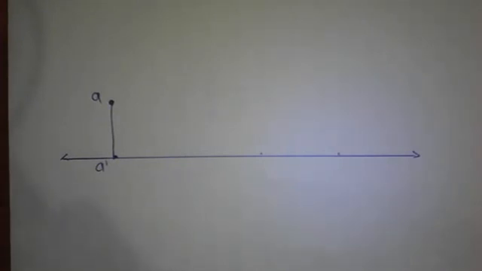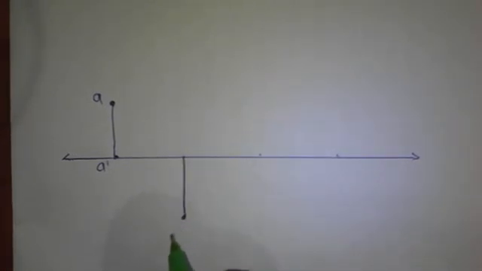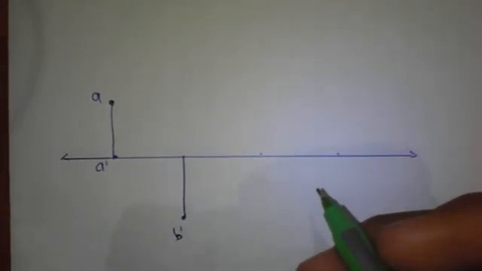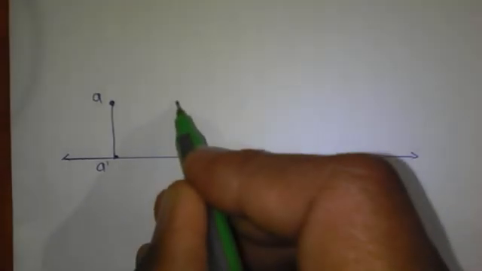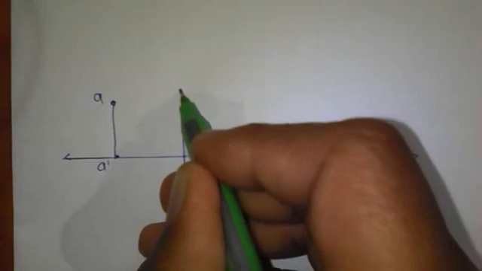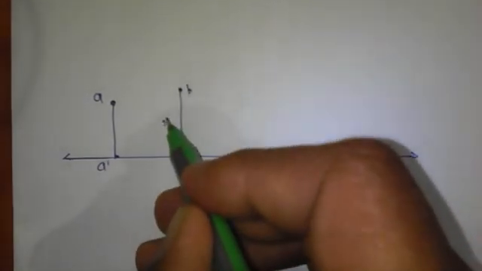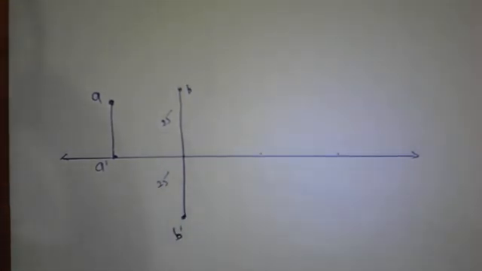When we see it from the front, it is below HP, means the front view will be below the XY line, B dash, and the top view will be above the XY line as the plane gets rotated. This is B. This is 25.